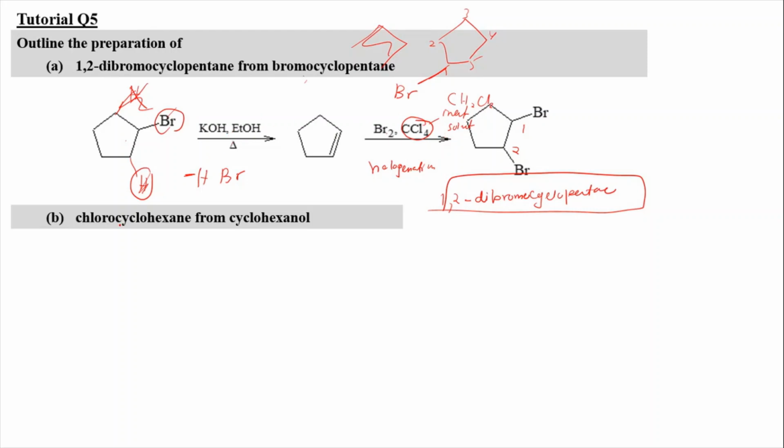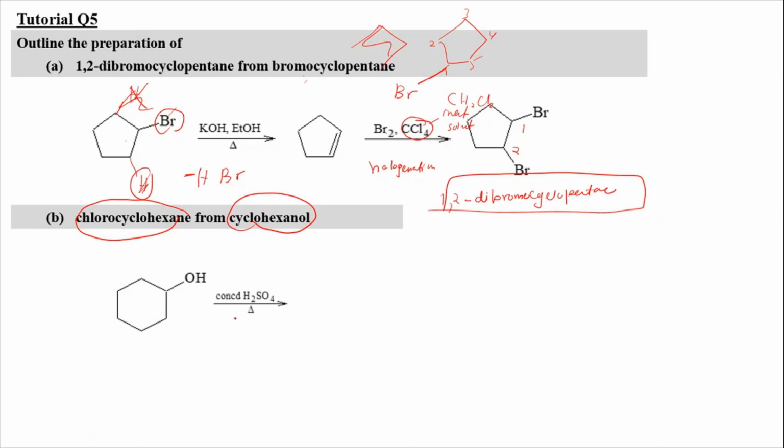Okay, now for question B, we have to prepare chlorocyclohexane from cyclohexanol. So the cyclohexanol will have the structure like this. Ada 6 carbons and the hydroxyl group is going to be attached here. But now we're going to remove the OH and then attach chlorine so that we can get chlorocyclohexane.